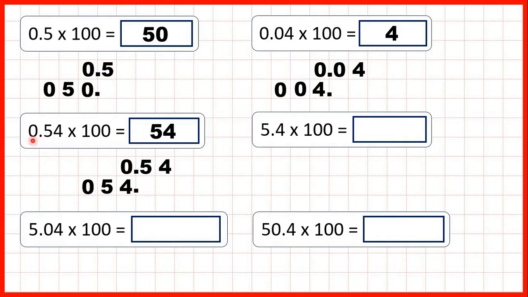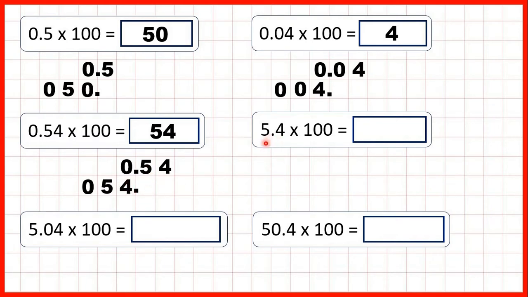Now notice 0.54 is the same as 0.5 plus 0.04, and that's why our answer 54 is the same as 50 plus 4. What we've done here is the same as in the previous questions, but instead of doing it one digit at a time, we've moved the 5 tenths and the 4 hundredths in the same question.